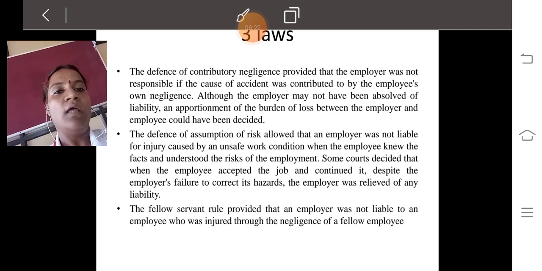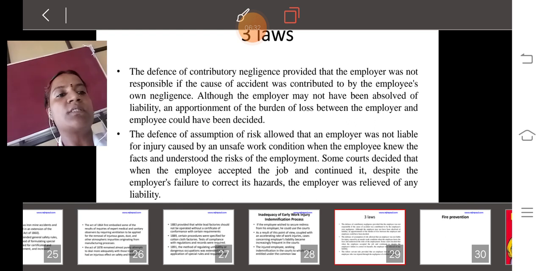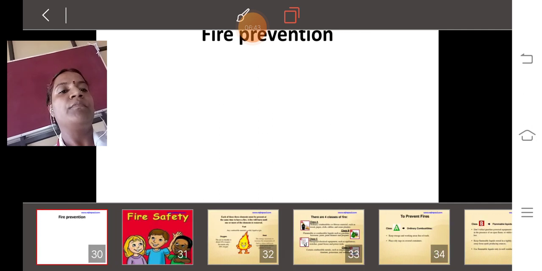This is the second law. And the third one is nothing but the employer was not liable to an employee. These are all the 3 laws which we'll discuss in industrial safety. Next, we are moving to the fire prevention topic.